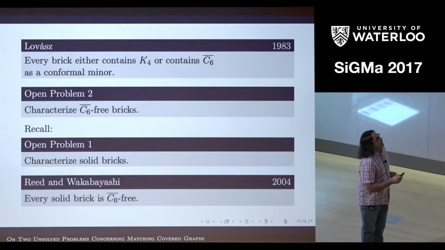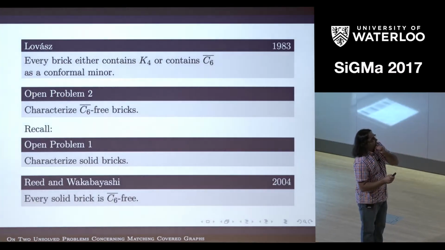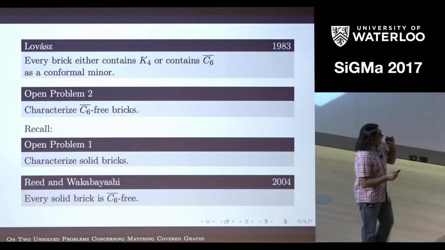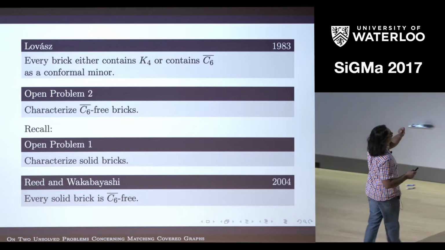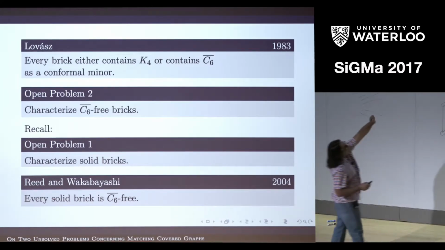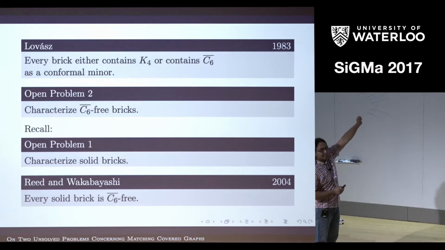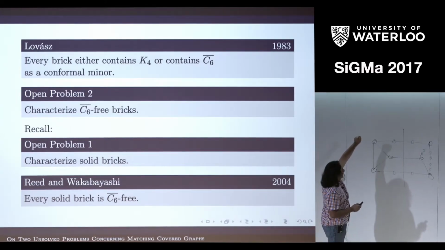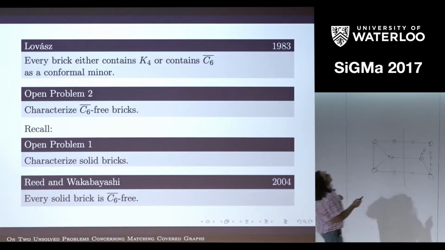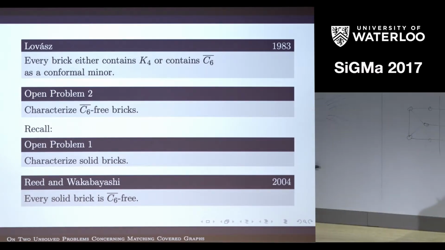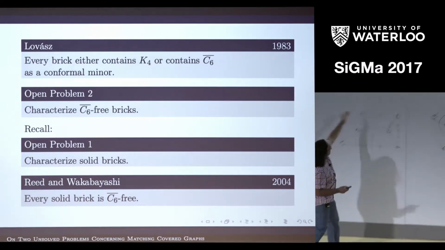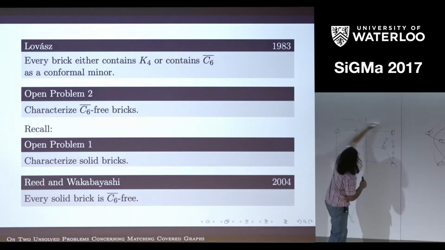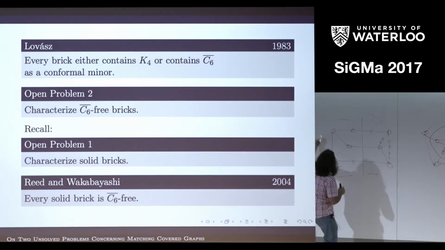Okay. And our first problem was to characterize solid bricks, or the Birkhoff-von Neumann bricks. And by the result of Reed and Wakabayashi that I mentioned earlier, one can easily see that every solid brick has to be prism-free. Why? Supposing your brick is prism-based, I'm going to use the contrapositive. Supposing there is a triangular prism bisubdivision as a conformal minor, which means when you delete the vertices, there is a perfect matching in the residue.